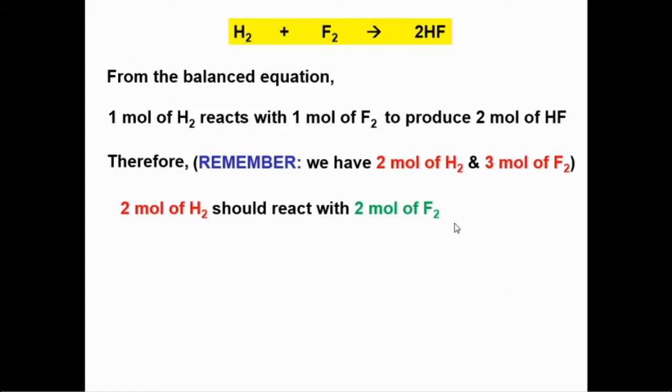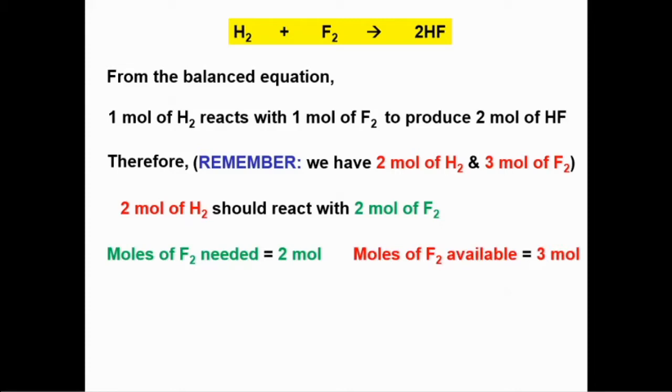So the moles of fluorine needed is 2 moles. However, how many moles of fluorine do we have? We have 3 moles of fluorine, or we can say the moles of fluorine available is 3 moles.